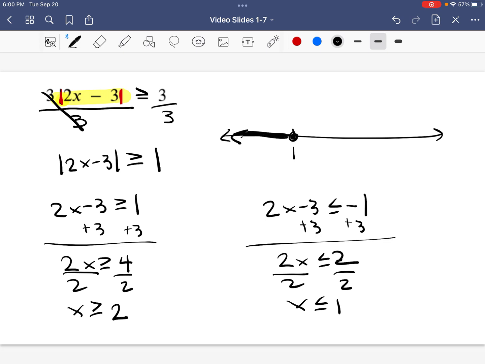And then my lower bound of the upper part is 2, and every number bigger than that. Okay, so my interval would be from negative infinity up to positive 1, and 2 up to infinity.